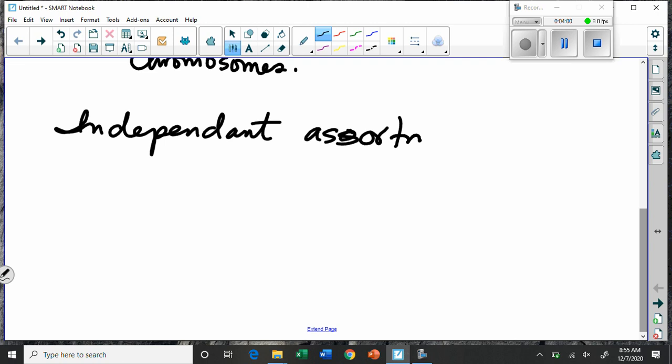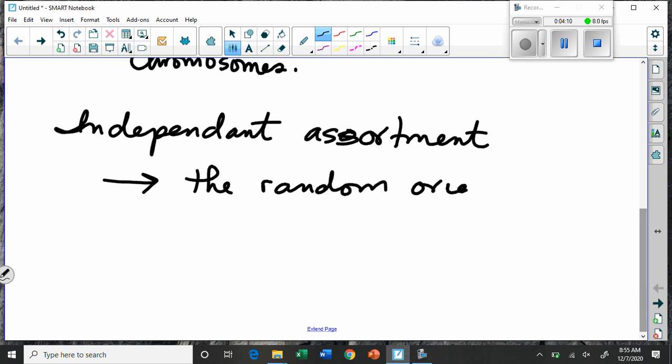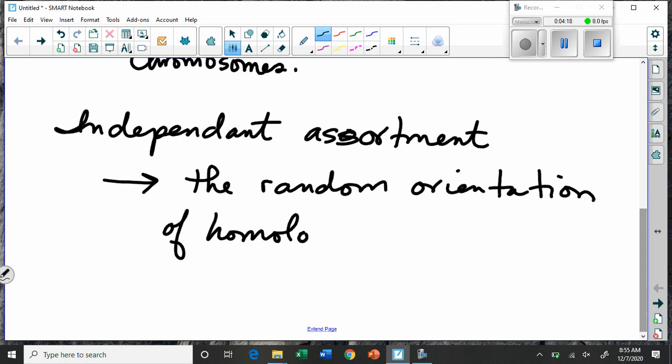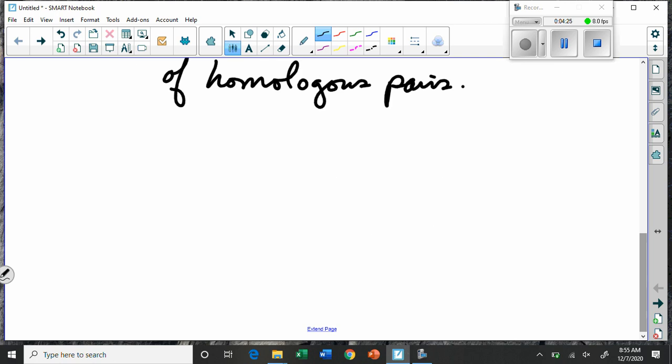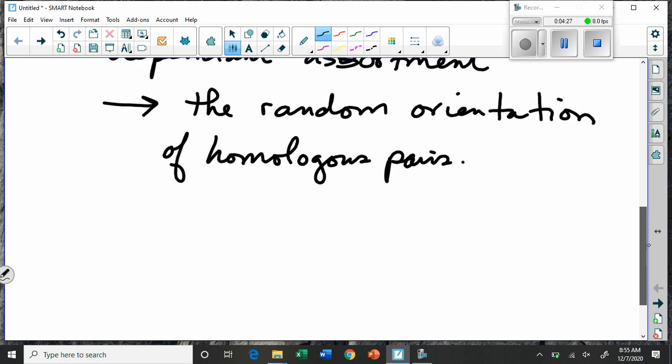That's the term we use to describe the random orientation of those homologous pairs during metaphase 1. And I'll just remind you with a picture, right? Make that a little bit easier for you.